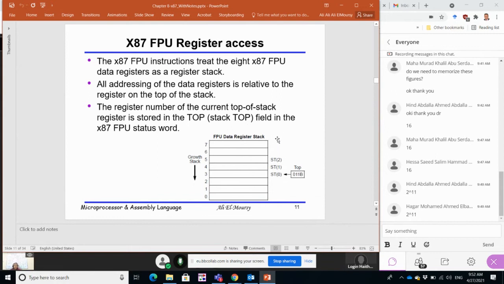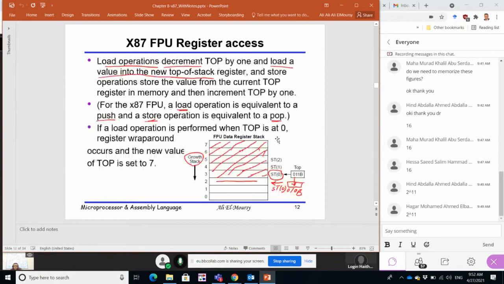Some operations do a push to the stack. When I push to the stack, top is moved one place downward or backward, or decremented. This automatically moves the top of the stack, or renames the ST0, to a new location.